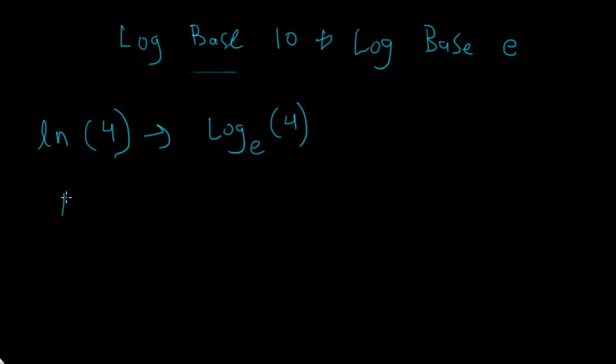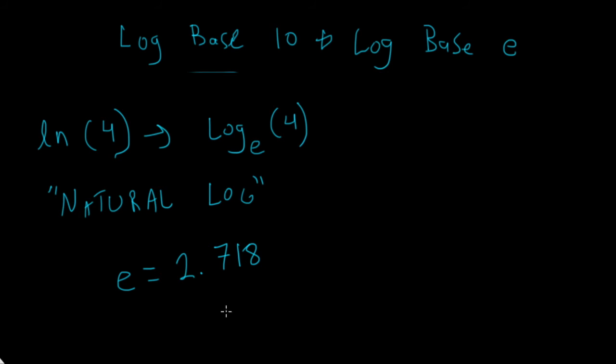And this is often referred to as a natural log. All that it is, is a logarithm with a base of E. Now, E is a constant, and it is called Euler's number, but really all you need to know is that it's 2.718. So when you have this, it just means that you have a base of 2.718. And that's kind of that.